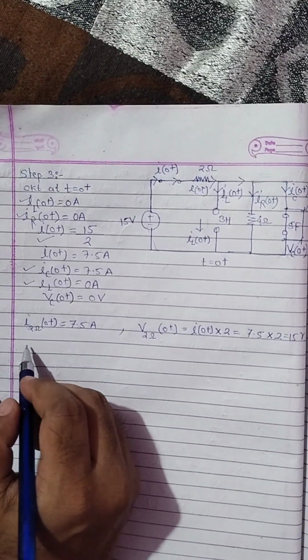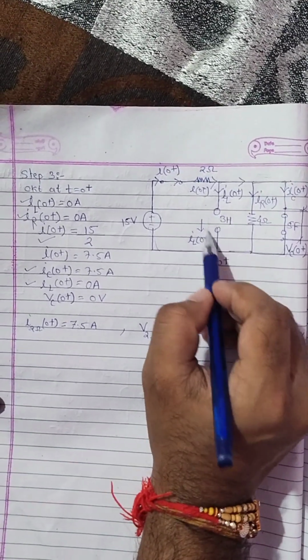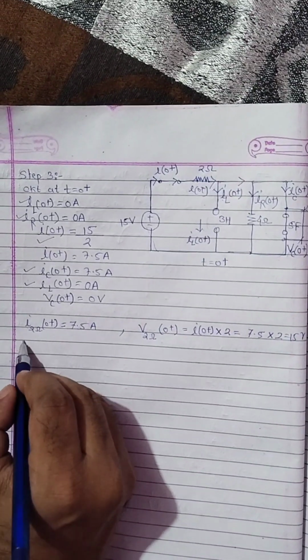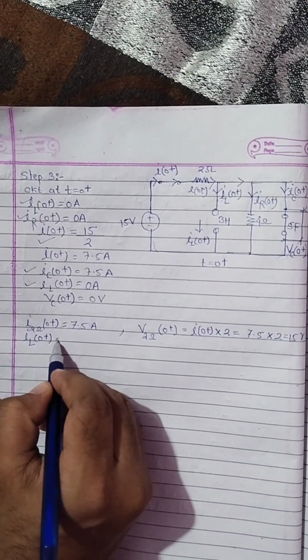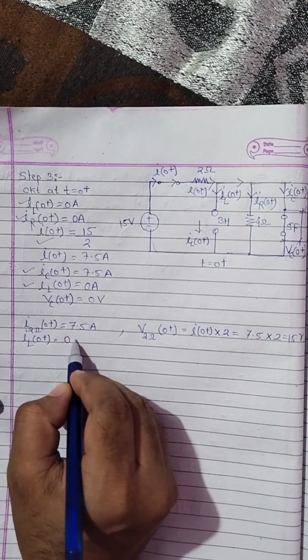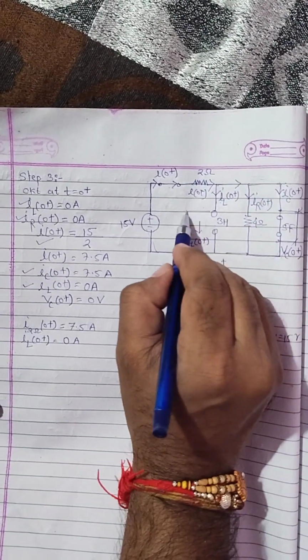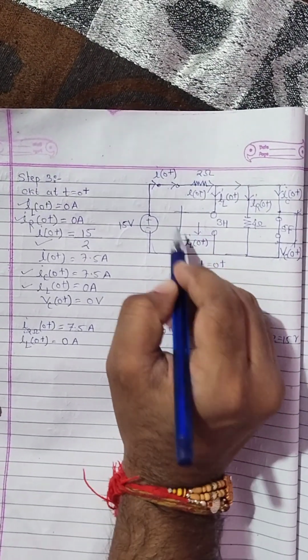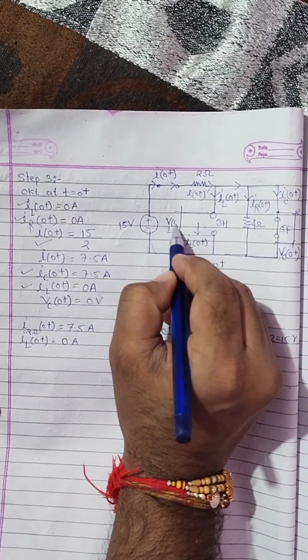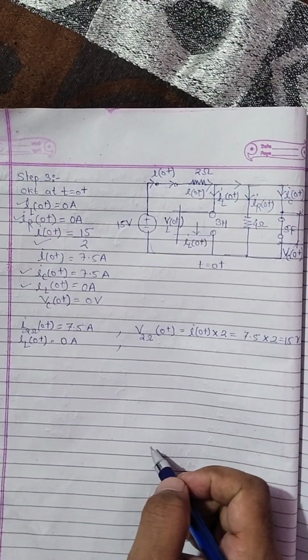Similarly, the current through this inductor, that is IL0+ equals 0 ampere. Now we will calculate the voltage across this inductor, that is VL0+.